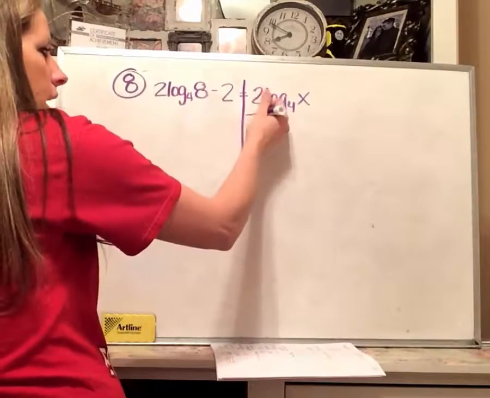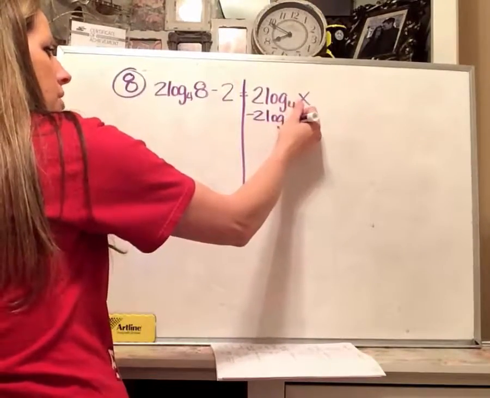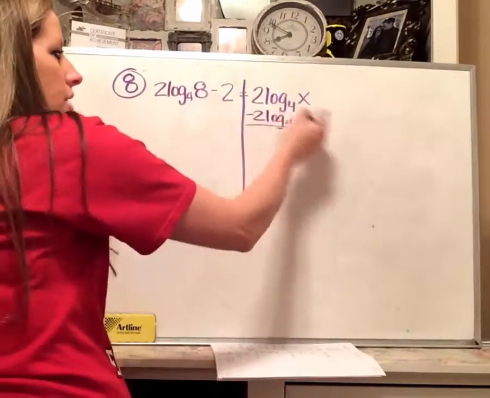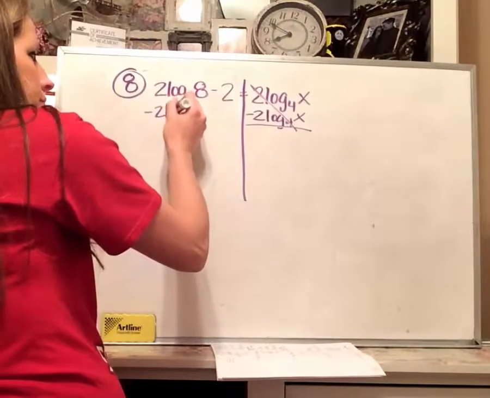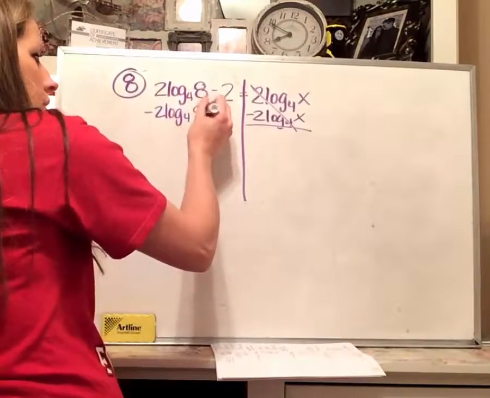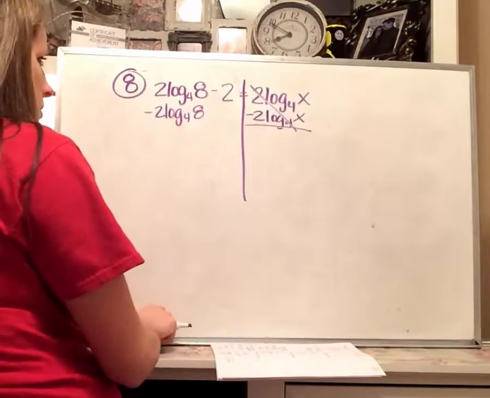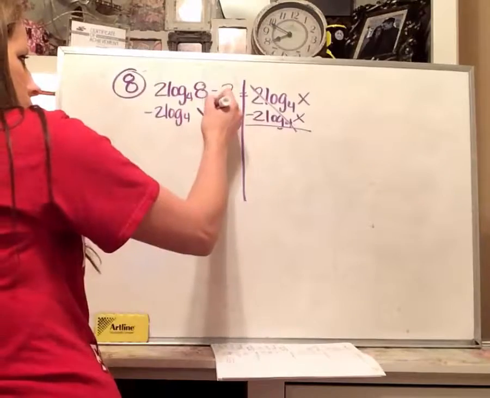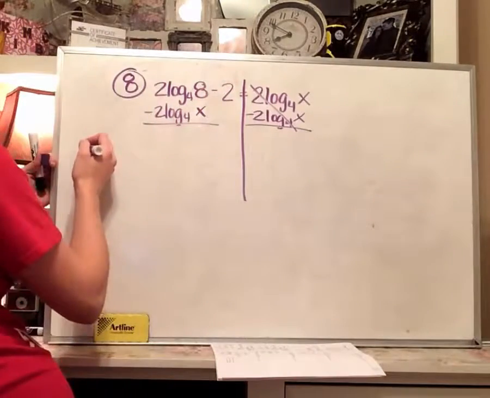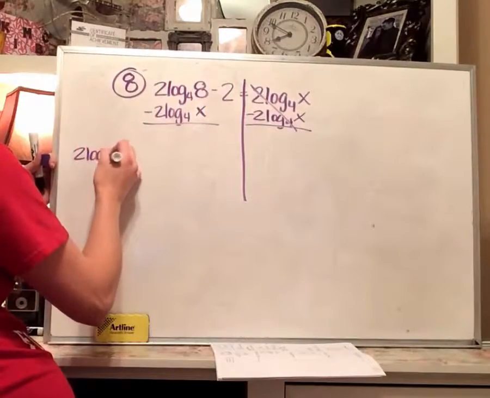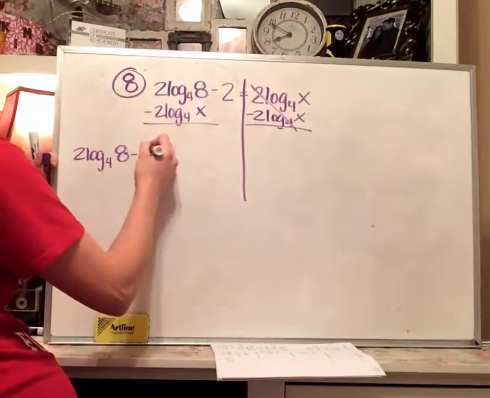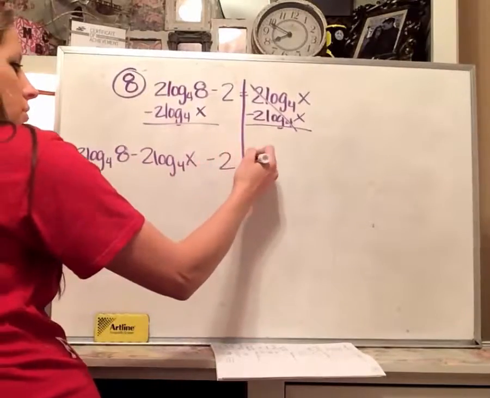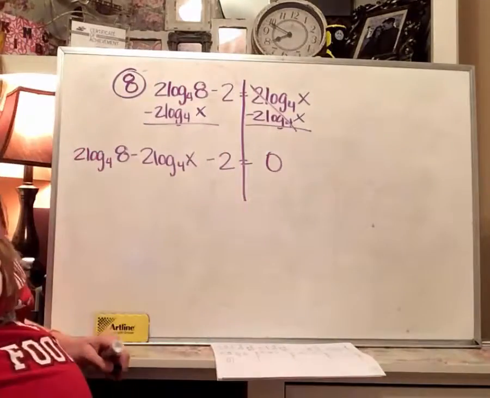So I'm going to subtract that 2 log base 4 of x, that whole thing. I'm going to subtract it and move it to the other side. Oh, I'm sorry, that should be minus 2 log base 4 of x. So I get 2 log base 4 of 8 minus 2 log base 4 of x minus 2 equals nothing on the right side, so equals 0.